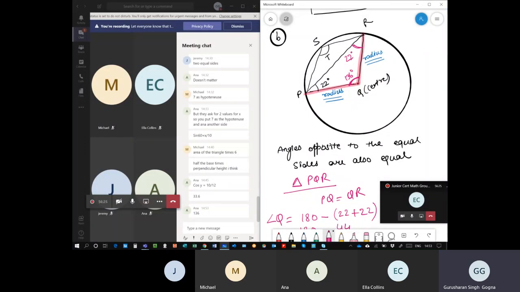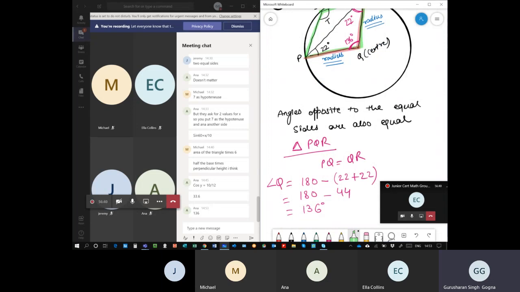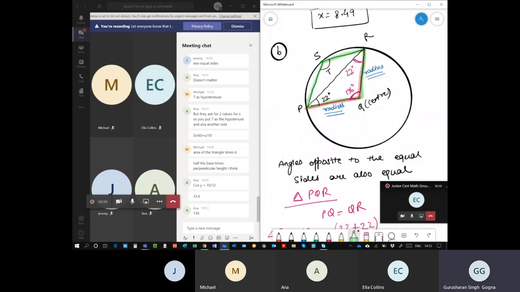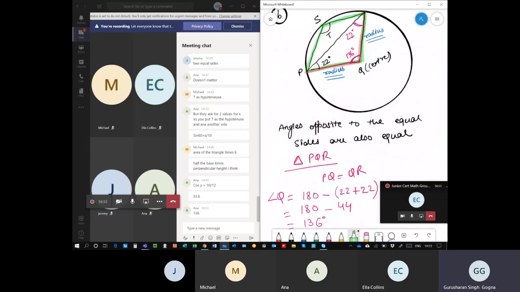If you see the complete thing now, it's a quadrilateral. And what is the property of the quadrilateral? Opposite angles will add up to 180 as well.